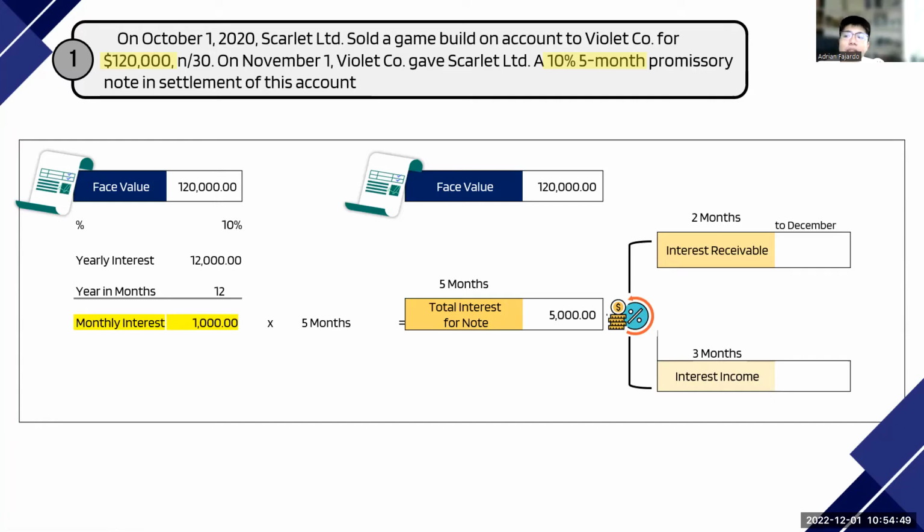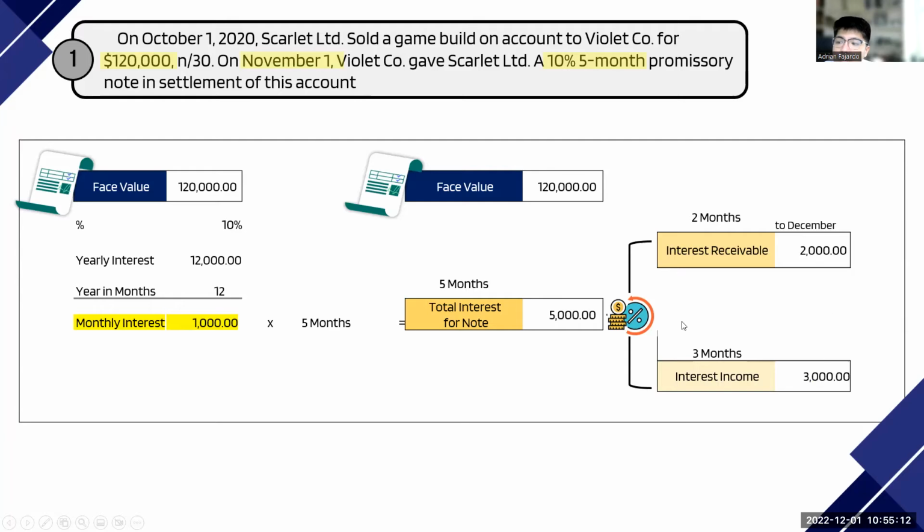So now we count. How many months to December? November, December. 2 months. So 2 out of the 5 months, there's an interest receivable. And then the 3 months after December, that would be interest income. So 2 times 1,000, you have 2,000 interest receivable. 3 times 1,000, 3,000 interest income.